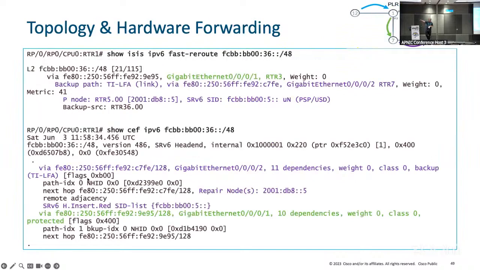Okay, so there are a few more different ways of checking, either from the IGP IS-IS, right, or the FIB table. The FIB table is the forwarding table. It's exactly what has been programmed into the line card NPU, right? So as you see here, my protected path in the green color and my backup path always point to the protection node 5, other than router 7.